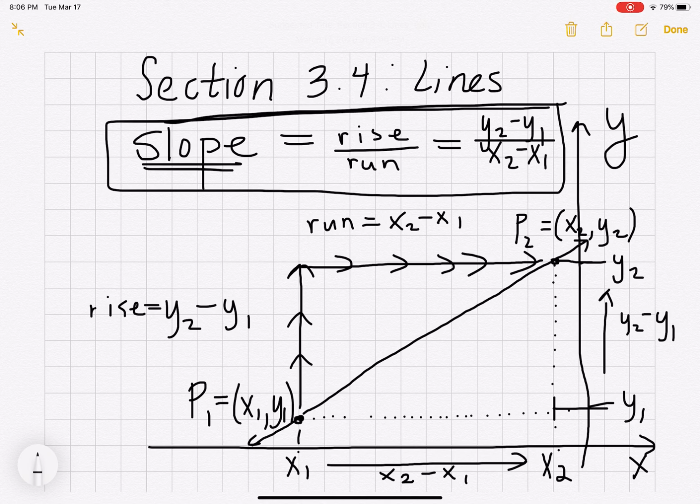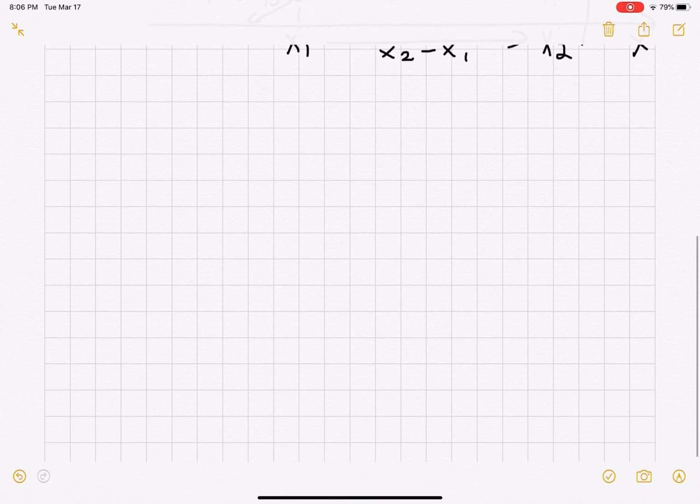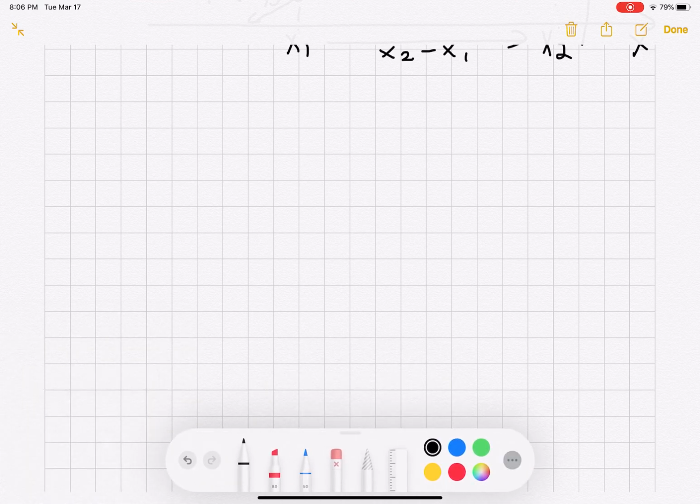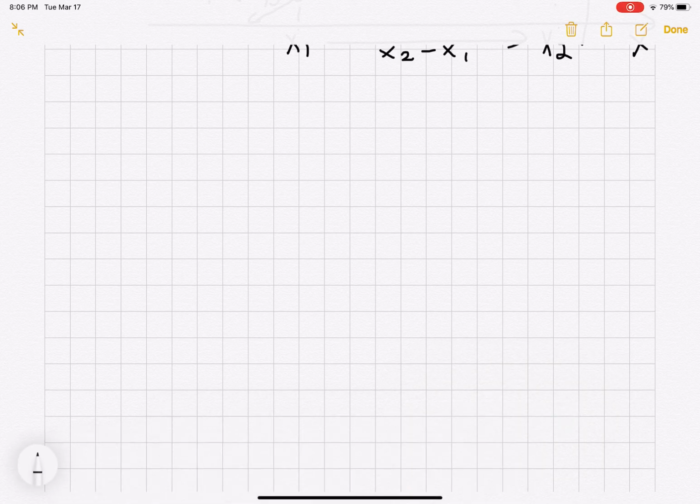So let's write that down nicely. I'm going to scroll just a little bit. Let me get my pen back. And here is the slope formula.